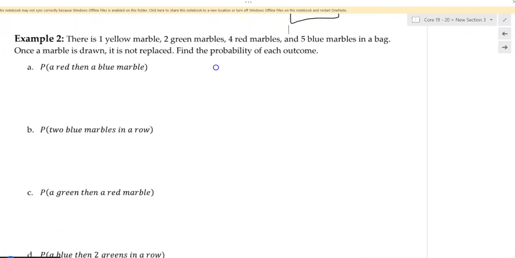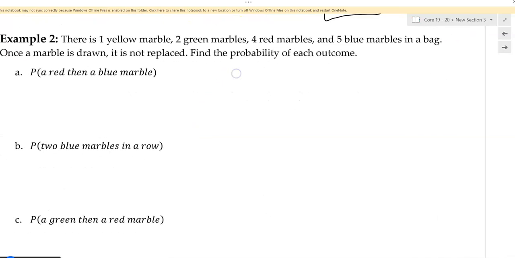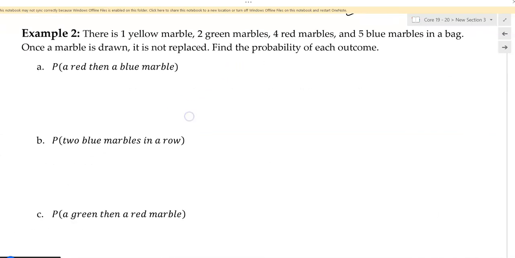Sorry. Okay, so the only thing different is that this is not replaced. Okay, and so since it's not replaced, that means it's dependent. So we're going to see how this affects how we do our probability.